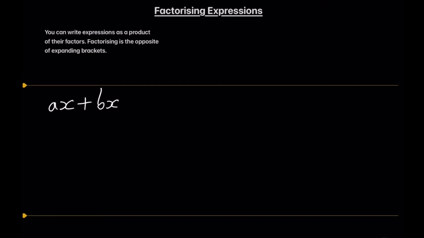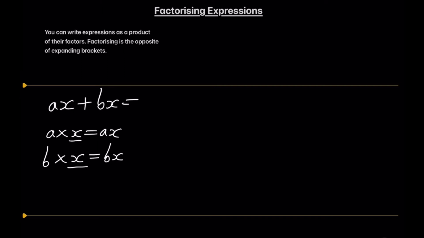So how would we go about factorizing this? Well, we'll try to figure out the common factors in both ax and bx. So ax is the same as a times x, and bx is the same as b times x. We can clearly see here that the common factor in both ax and bx is x.